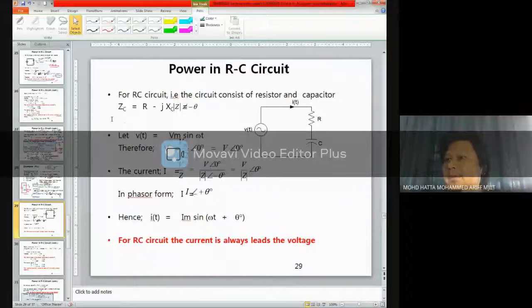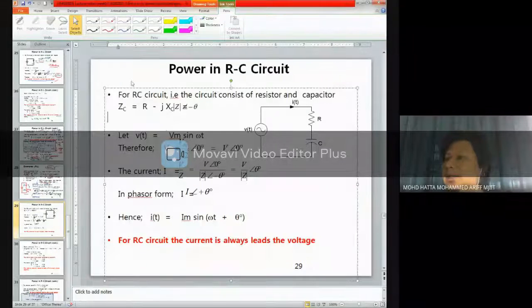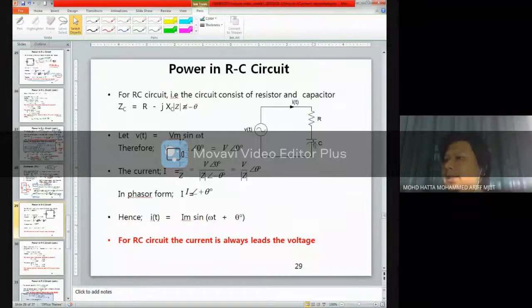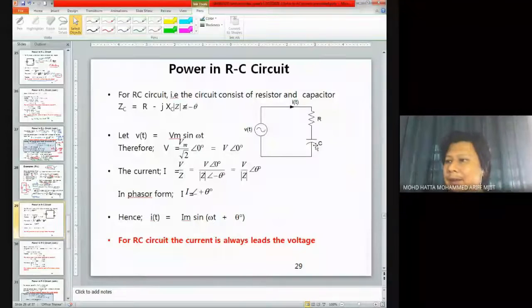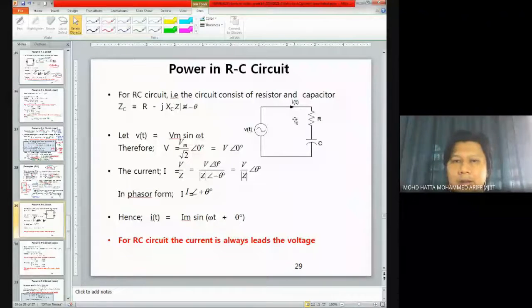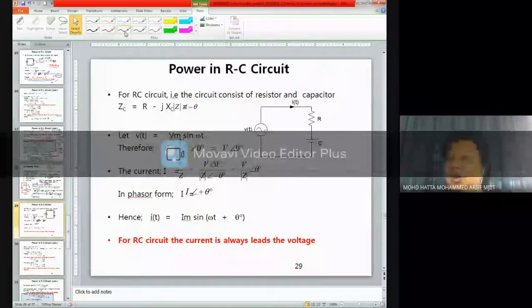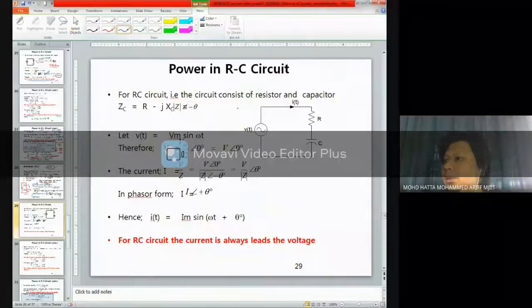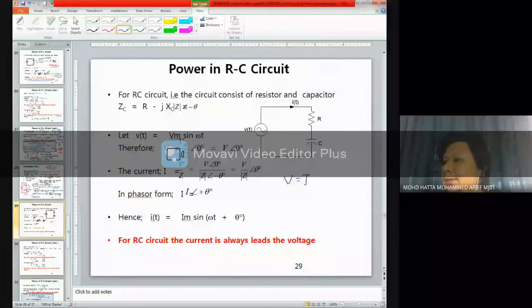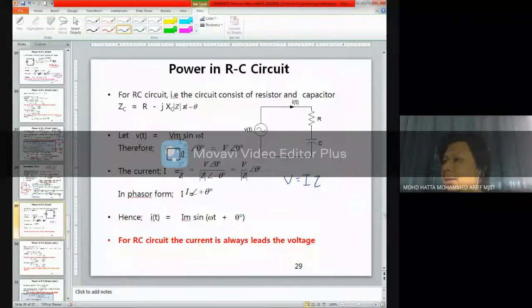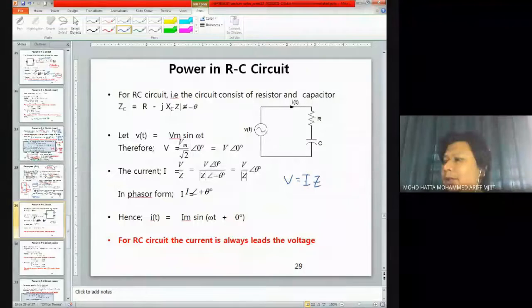All right, for RC circuit, consider we have resistor connected in series with capacitor, and of course to calculate current, we try to use Ohm's law. Here Ohm's law says that V equals I times Z. Okay, and if you try to calculate the current, V divided by Z will give.